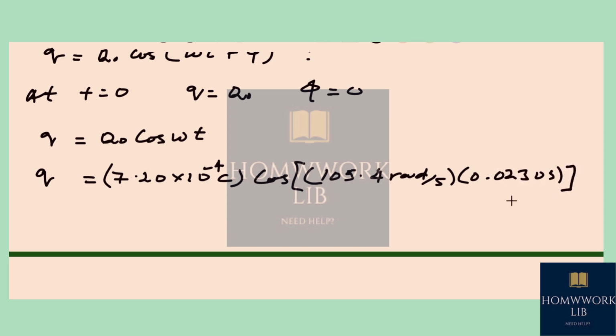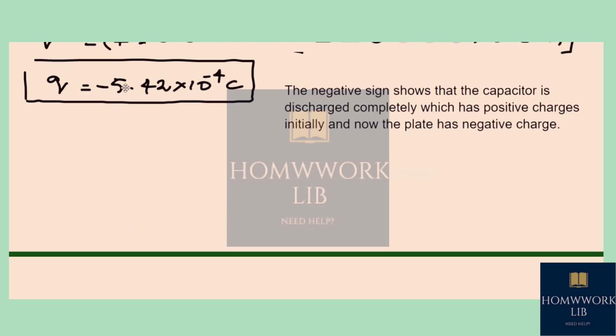So this will give us the charge on the plates of the capacitor as q equals minus 5.42 × 10^-4 coulomb. This negative sign shows that the capacitor had positive charges initially, and now the plate has negative charges.